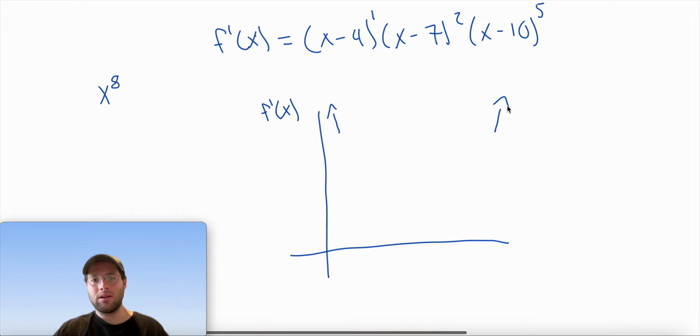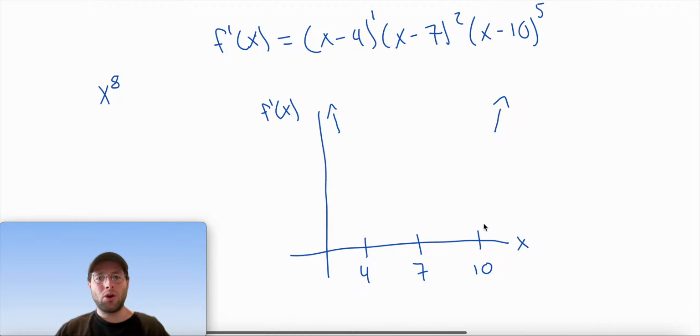this. And now what we need to determine is, let's see if we can roughly determine how it behaves in this region. And we're going to do that by using the multiplicity of each of these roots. And so I'm going to draw out x equals 4 here. So, and this is x, and all right, f prime of x. And so 7 and 10.